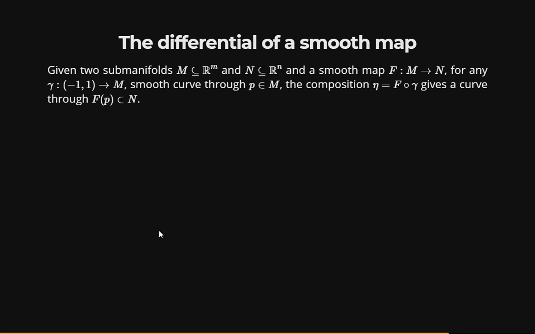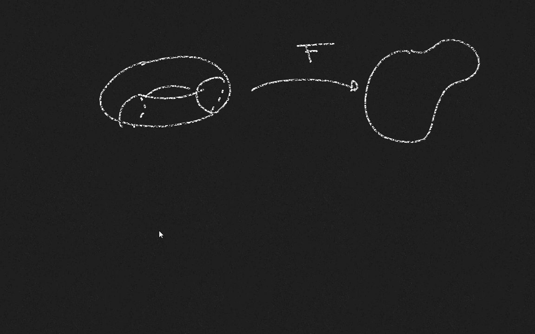If you take a curve in M, the composition gives you a curve in N. So what I mean is that you have your manifold here, you have F, and you have another manifold here. You take a curve, which is a map from some interval to your M.